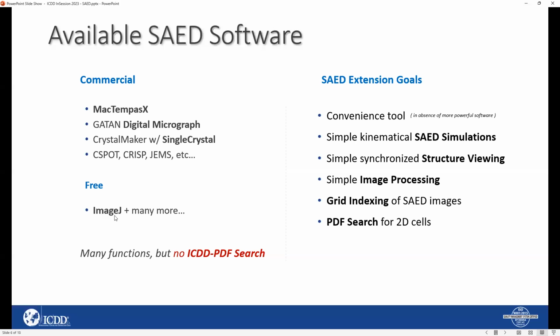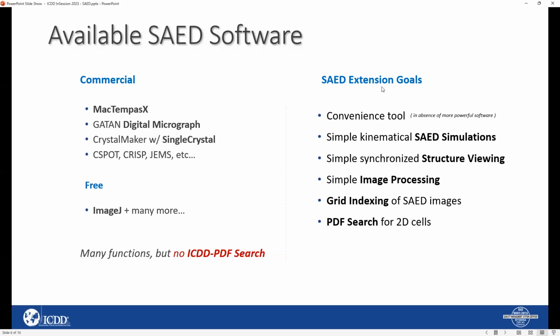But a very useful tool is ImageJ, which is free and has a lot of image processing functions in there and so on. All these available programs provide many powerful functions, but none of them can search our ICDD PDF database. So here's where our SAED extension comes in.